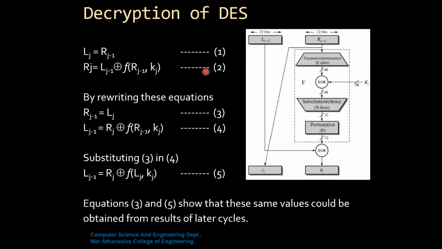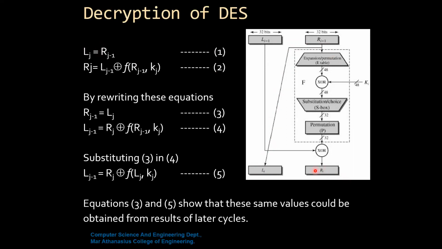So to prove that, we know that in encryption, Lj is equal to Rj-1. Because a copy of the right half is taken as the new left half, the output left half, Lj, equals Rj-1. That is straightforward.